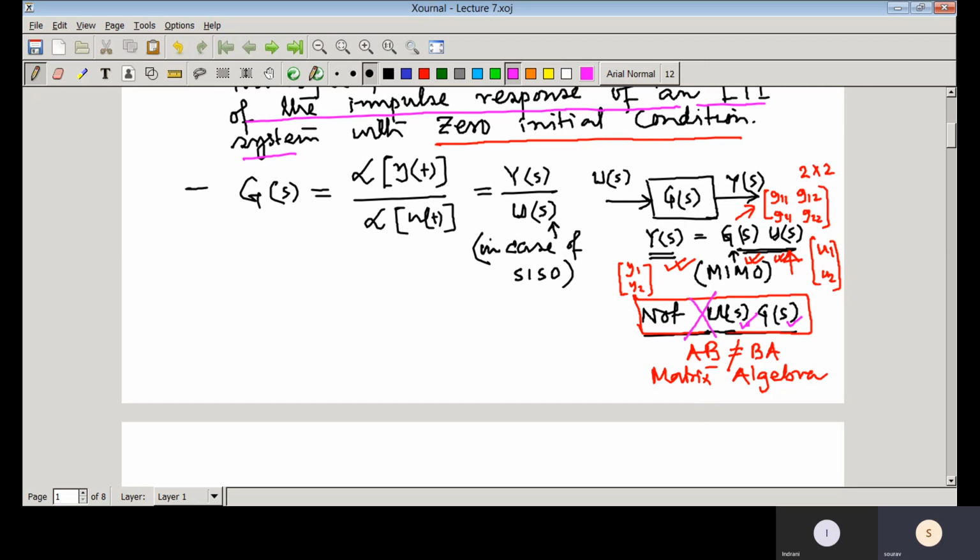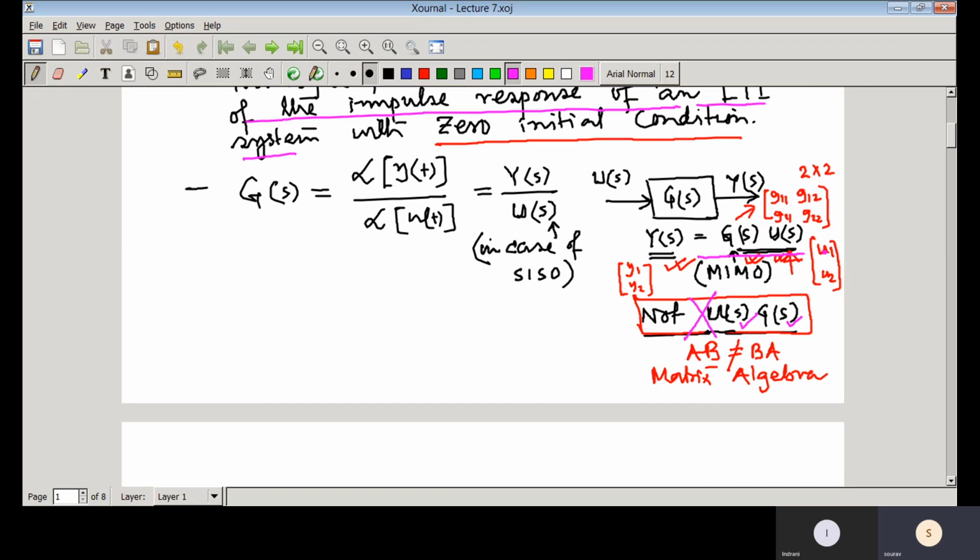So whenever you represent a dynamical system in transfer function framework, you should be careful about the dimension of the transfer function as well as input output variables.